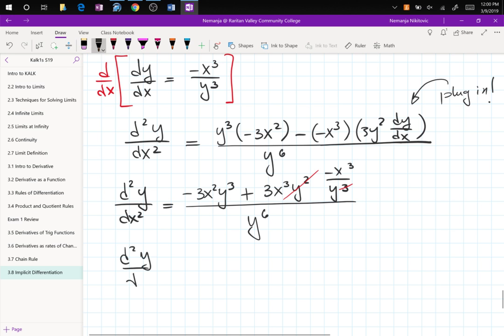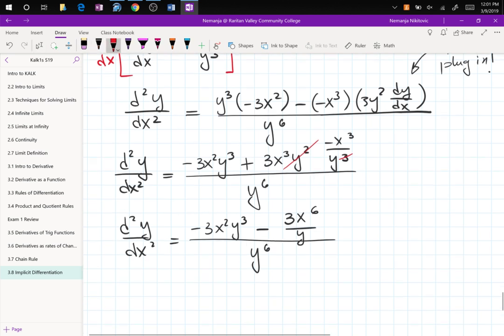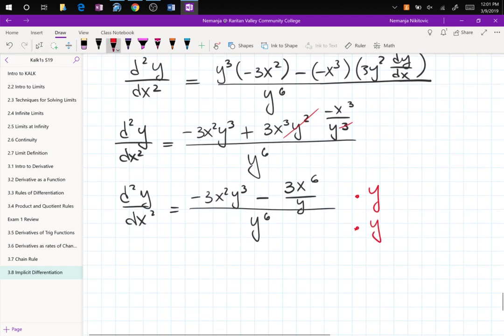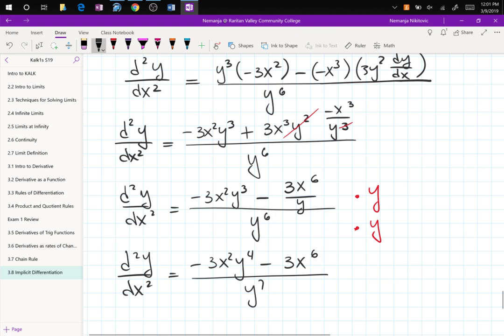So the second derivative is negative 3x squared y cubed, again minus, and now you have 3x to the 6 divided by a single y, and you have y to the 6 times y, because you want to get rid of that denominator, to give us negative 3x squared y to the 4th minus 3x to the 6 divided by y to the 7.